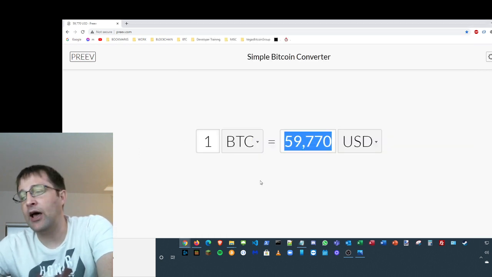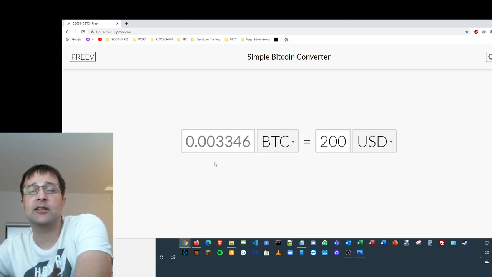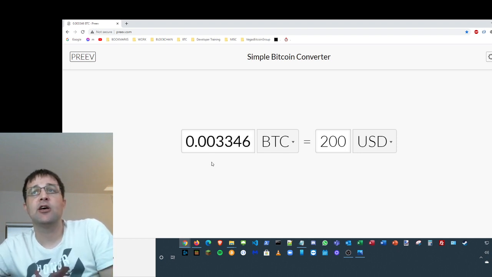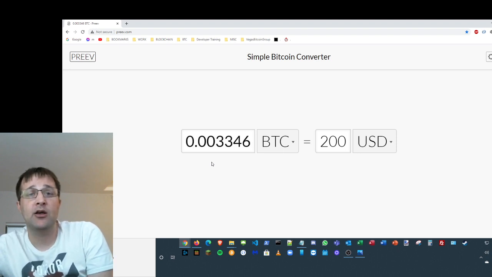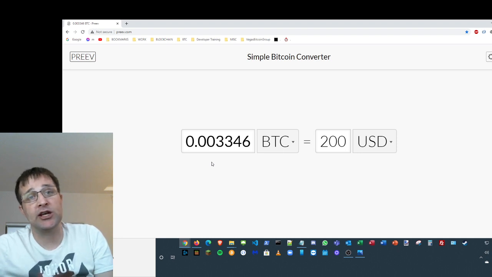However, what you would have to do is use a website like the one I'm showing on the screen to convert US dollars to Bitcoin, and then you would take this amount, which is the quantity of Bitcoin, and send that amount to the merchant. A lot of the merchants that do accept Bitcoin use a service like BitPay, some kind of payment processor which automatically converts Bitcoin and US dollars into each other interchangeably.